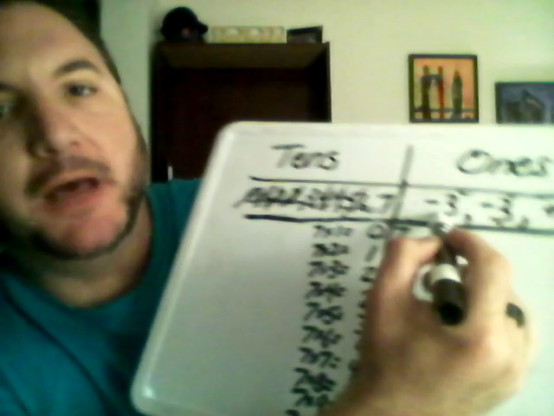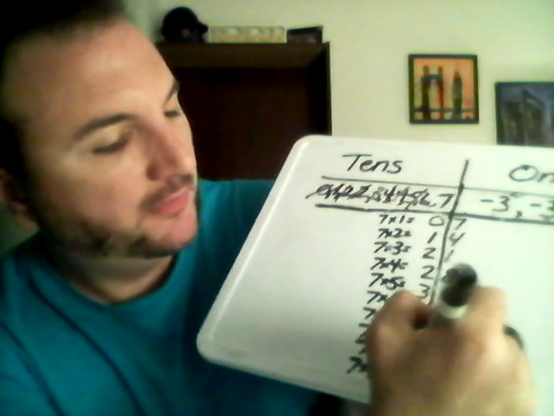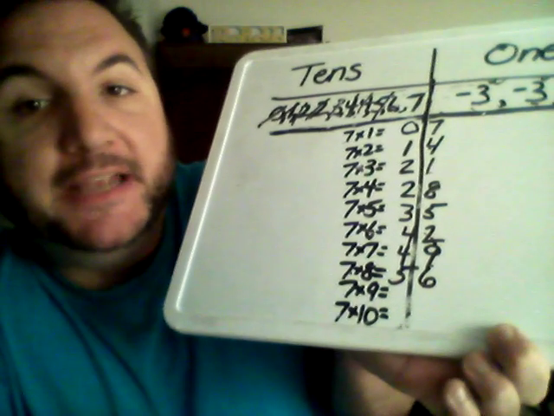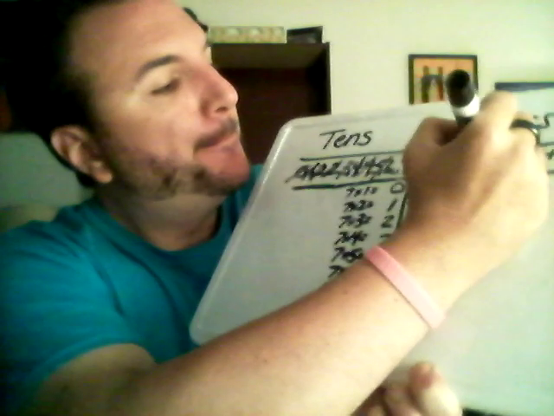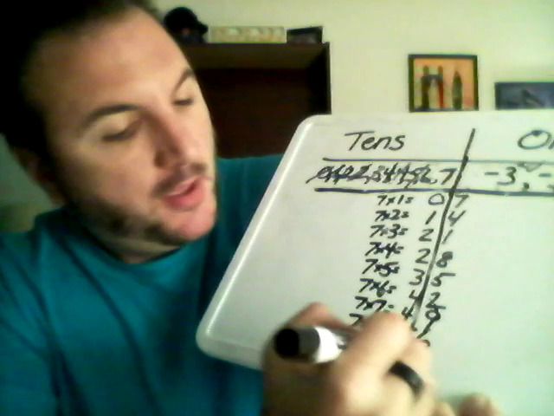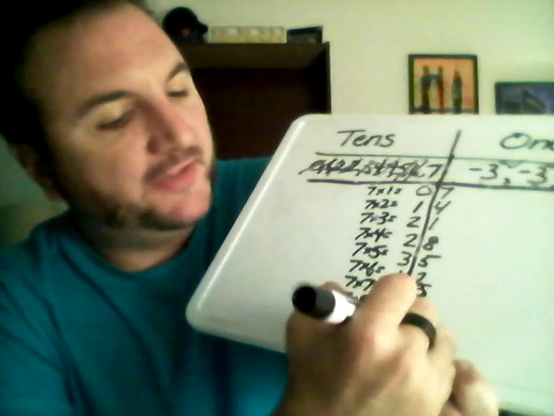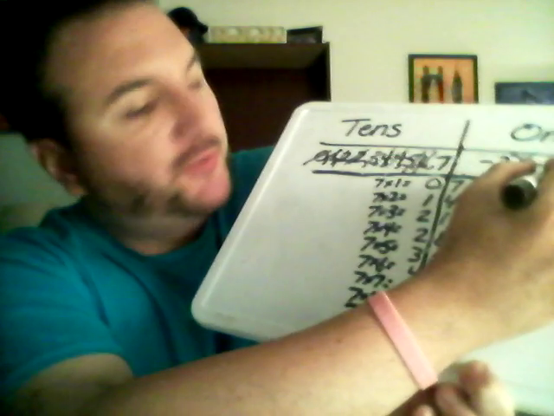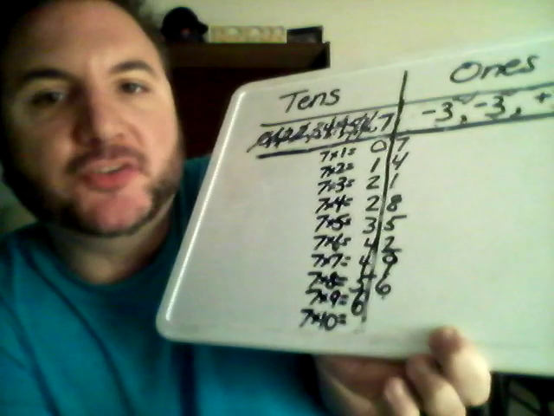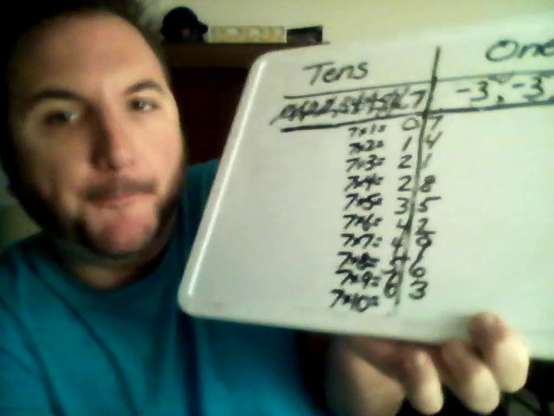Now I go back to the minus 3. What's 9 minus 3? 6. 7 times 8 is 56. Notice I check them off as I go. 7 times 9, there's a 6 in the tens place. Subtract 3 from 6. What's 6 minus 3? That's 3. In other words, 7 times 9 is 63.